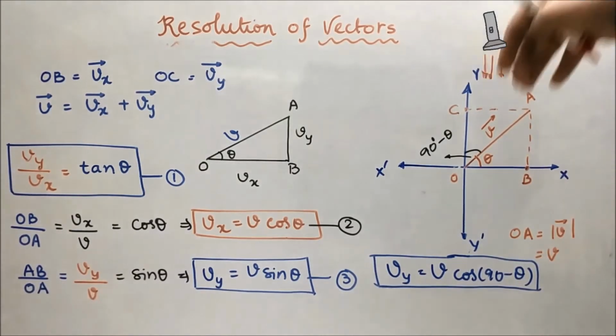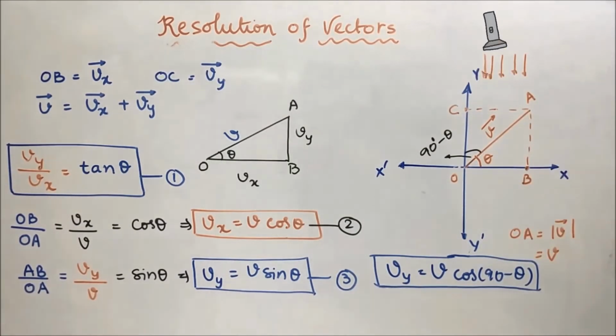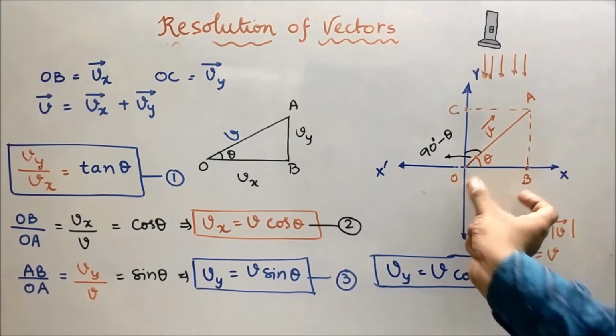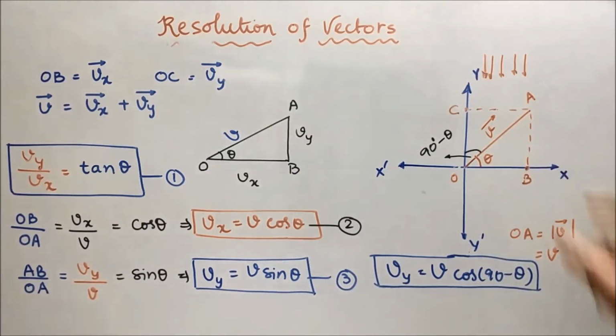There is vector v which will block the light. So how much portion on the x-axis will OA block the light? That is OB. Its shadow will be formed only at OB. That's why this is the projection of vector v on the x-axis.